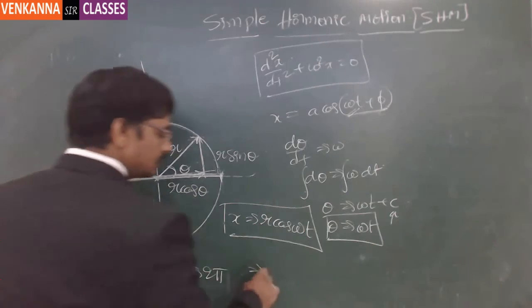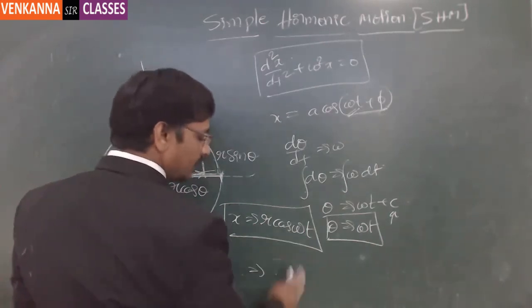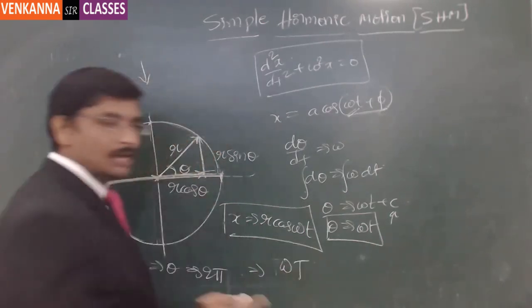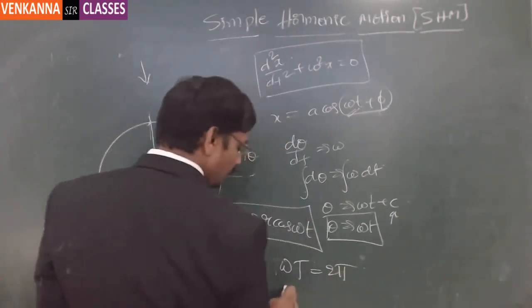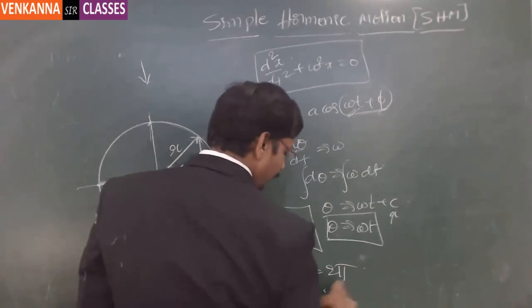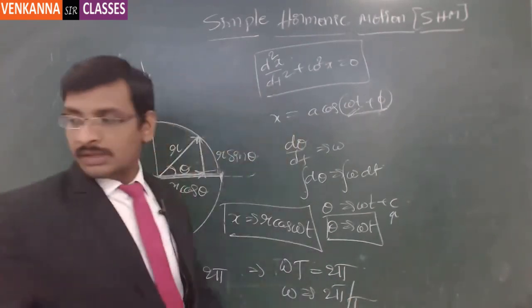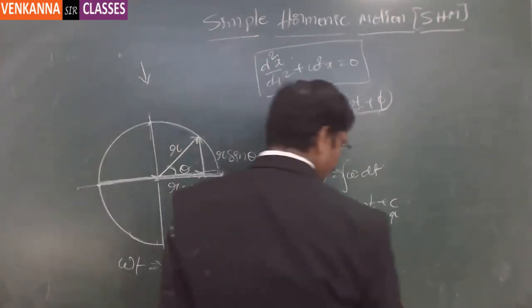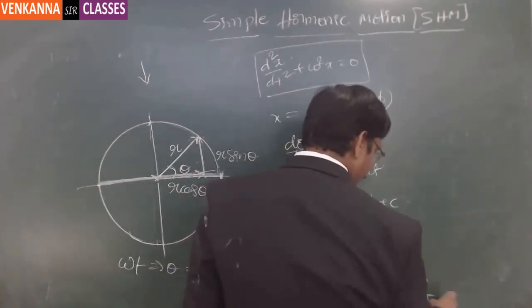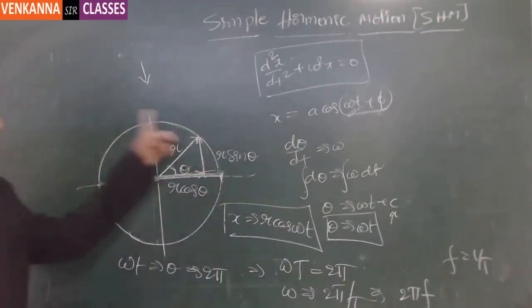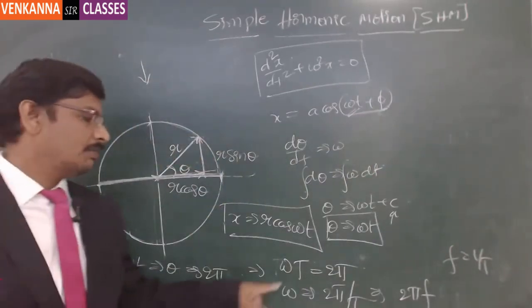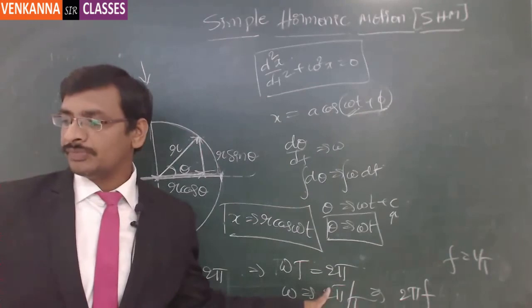Hence omega times capital T, where T is the time period of the complete cycle, is equal to 2 pi, or omega is equal to 2 pi by T. And this 1 by T is treated as the frequency, so omega is 2 pi f, where f equal to 1 by T. For one complete revolution, it took a time of 2 pi by omega.